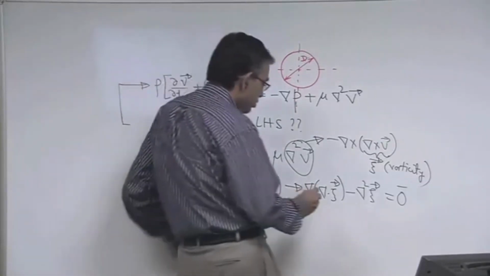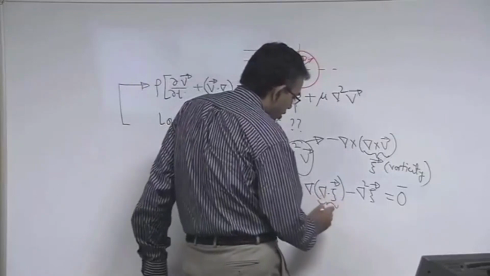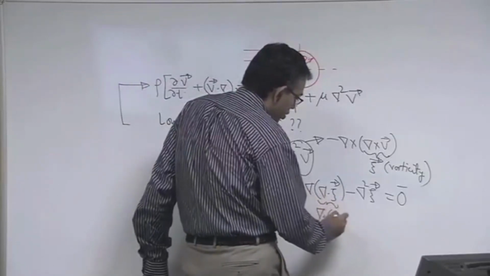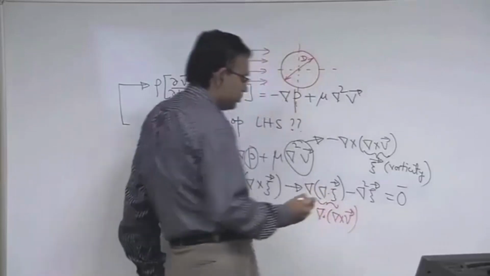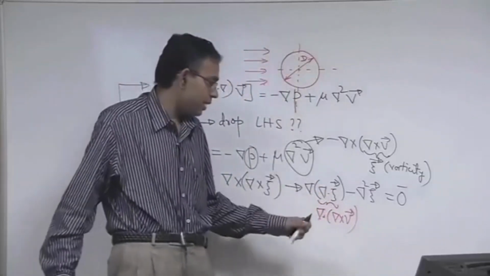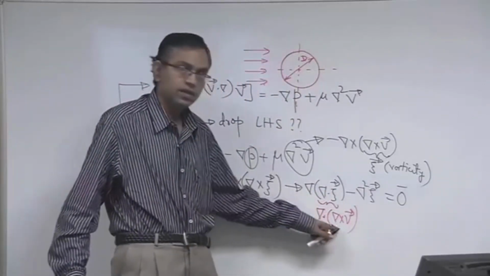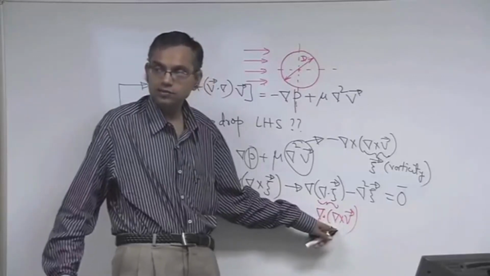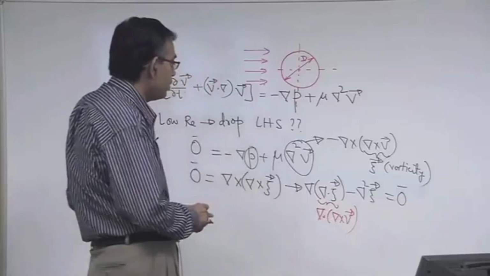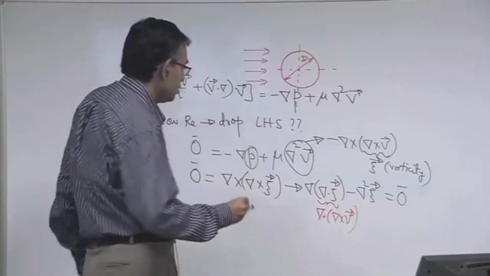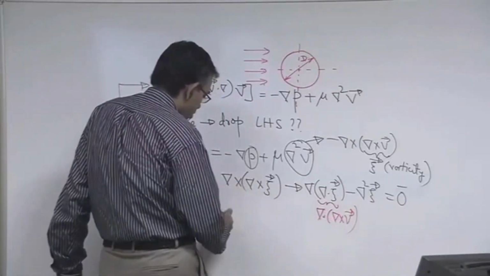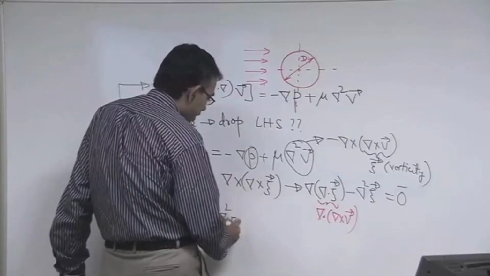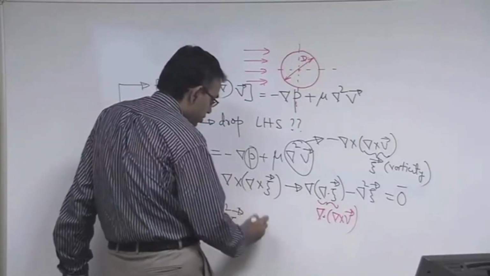Now, what is this? This is del dot del cross V, and by a vector identity this is 0, divergence of curl of a vector, this is 0. So, we are left with del square of zeta is equal to 0.